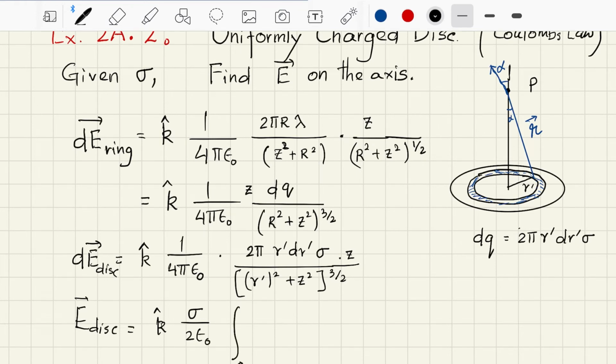This will be integration over r prime from 0 to r, of r prime dr prime divided by (r prime square plus z square)^(3/2). So the integral here is fortunately very simple.